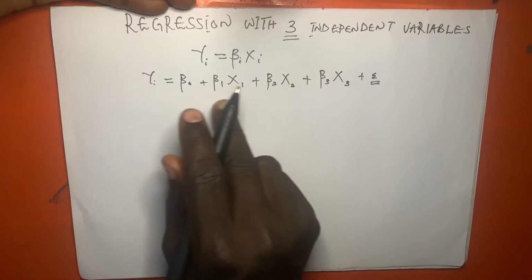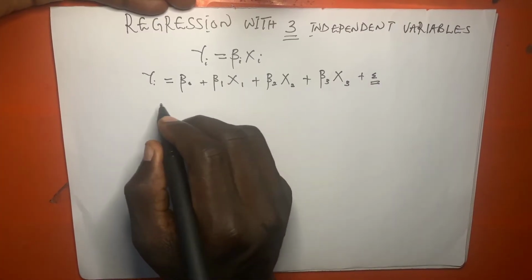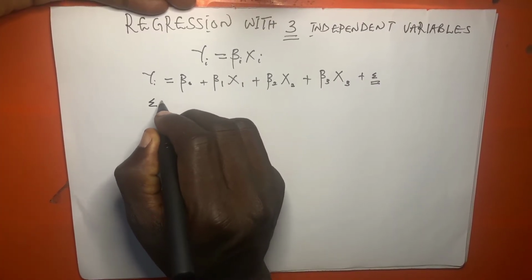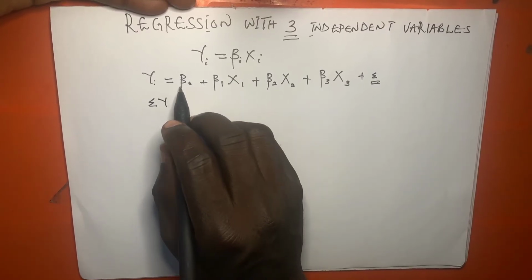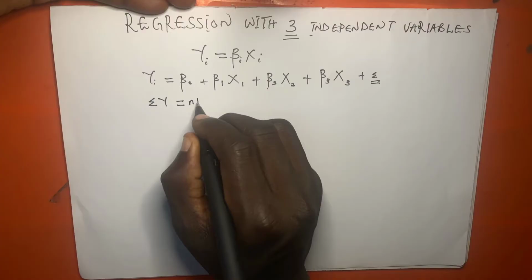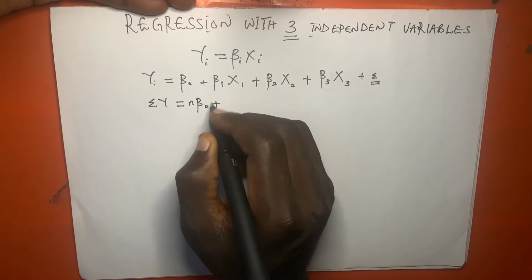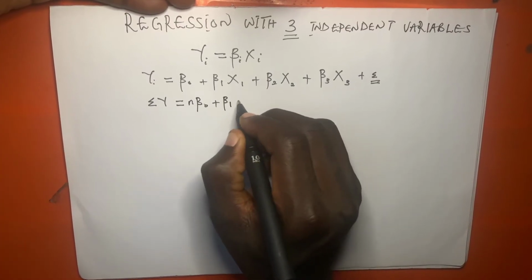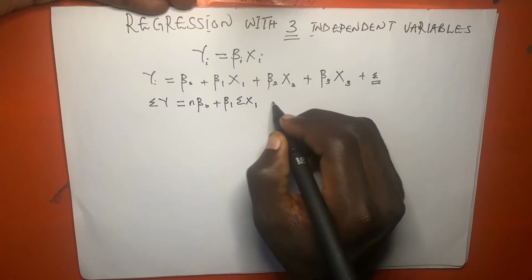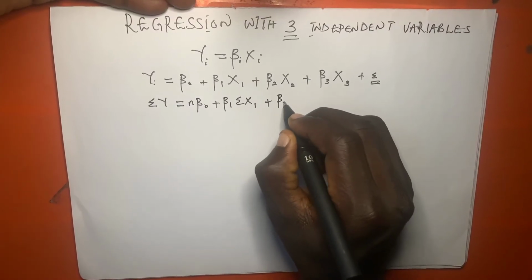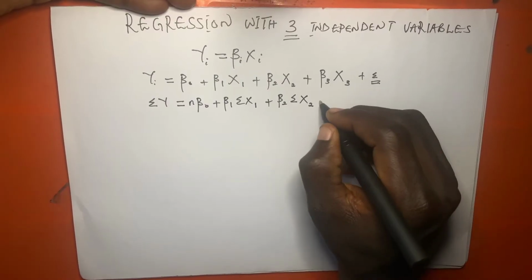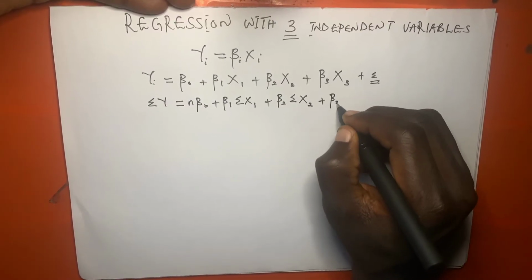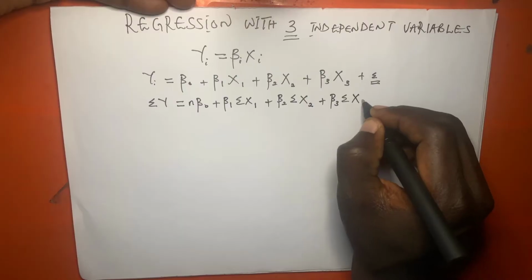So summing all of this, we are going to have summation y equals, the summation cannot affect the parameter, therefore it becomes m beta naught plus beta 1 summation x1 plus beta 2 summation x2 plus beta 3 summation x3.